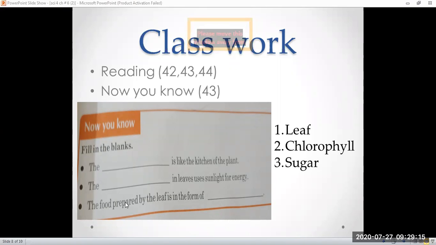So students, moving forward to page number 44, and this reading will be done by Abdul Subhan. Energy flow in living things. We have just seen that plants trap the energy of sunlight to prepare food.